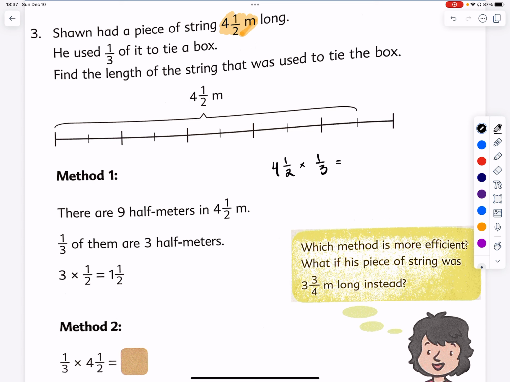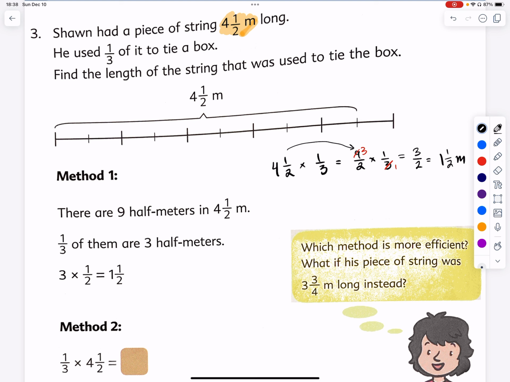How do we multiply a mixed number by a fraction? Well, step 1. Let's convert the mixed number to its improper equivalent. Gives us 9/2 times 1/3. Simplify before you multiply. And the answer is 3 out of 2, which is 1.5 meters.